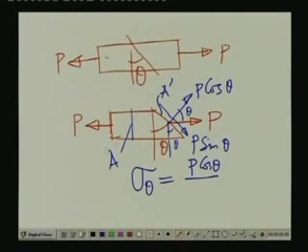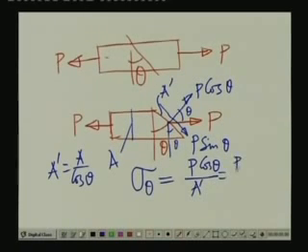From geometrical property, A dashed is equal to A by cos theta. So, P cos theta by A by cos theta.